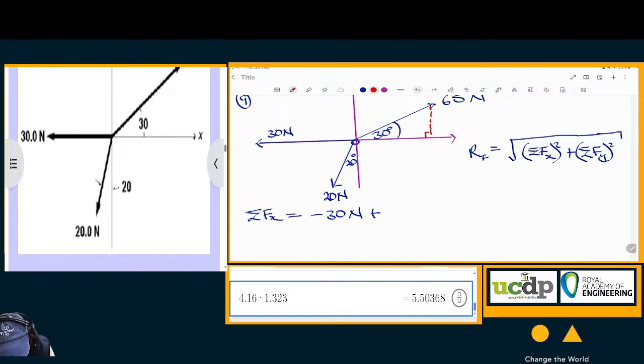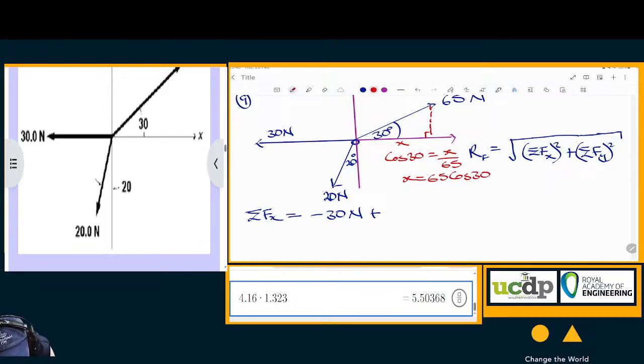We've got adjacent and hypotenuse, so that's cos of 30 equals the adjacent x over the hypotenuse, which is 65. So your x is equal to 65 cos 30.